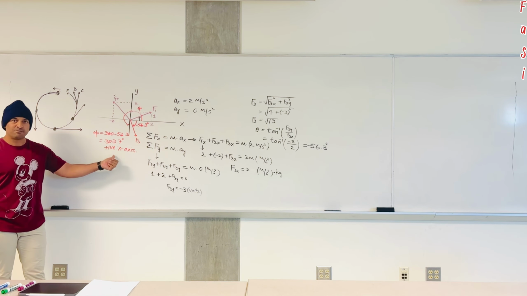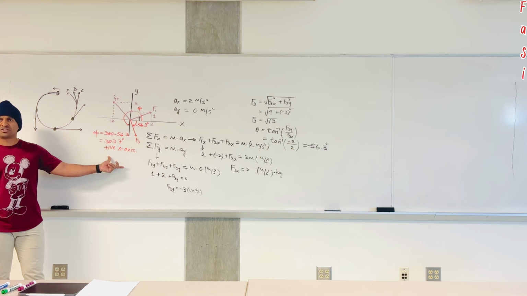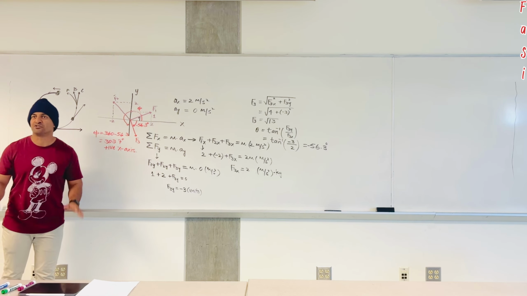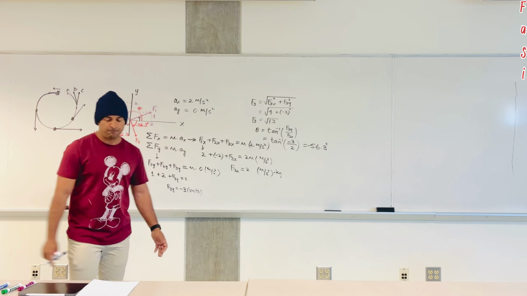That means they are probably using the other angle. These both angles, by the way, give you the same value. If you plug in tan 303 degrees and tan minus 56 degrees, both give you precisely the same values, no difference between them. The only difference is how you measure them.